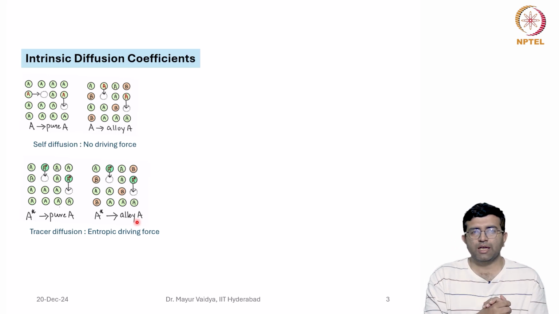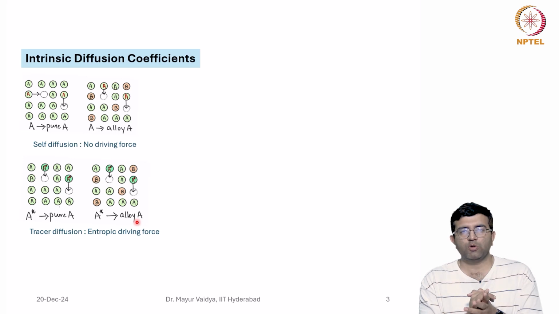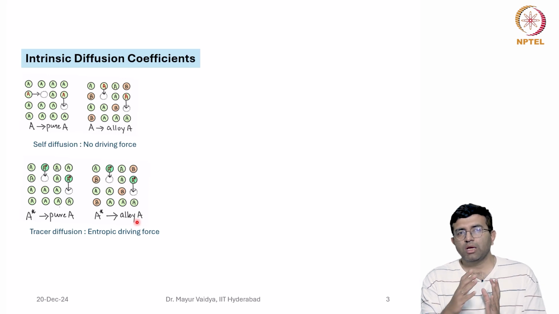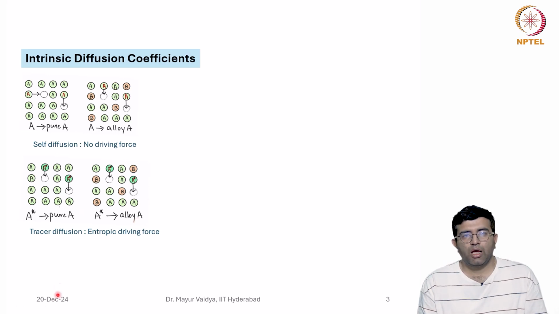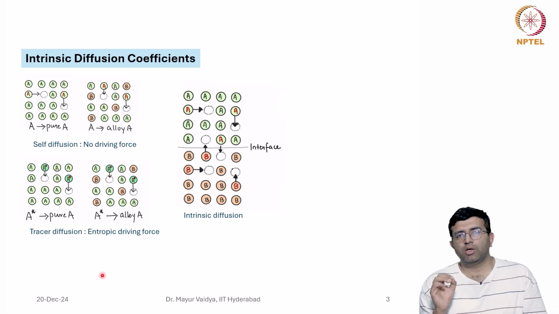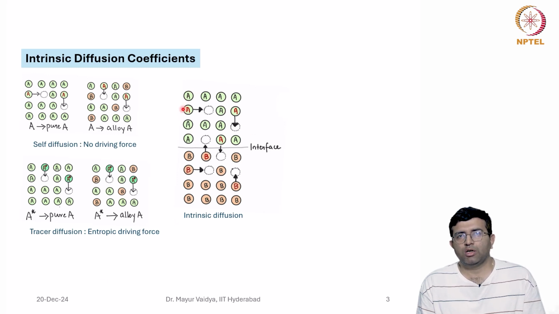We will also see that we cannot directly measure the self diffusion coefficient. The closest we can measure is the tracer diffusion coefficient, but these two are slightly different. Now, there is one more diffusion process that we just talked about: in the interdiffusion scenario, for example, you have a block of A here and a block of B here.